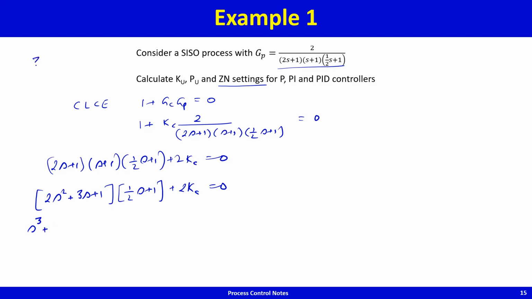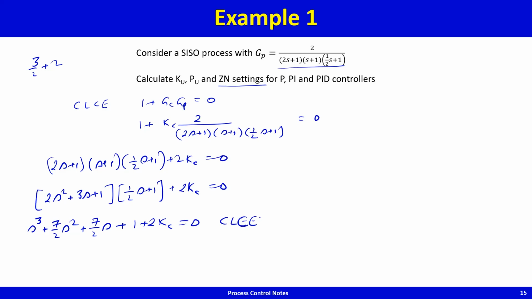So 3 by 2 plus 2 is 7 by 2 s square, plus 3s plus half s. So that's also 7 by 2 s, plus 1 plus 2Kc equal to 0. So that's the closed loop characteristic equation.